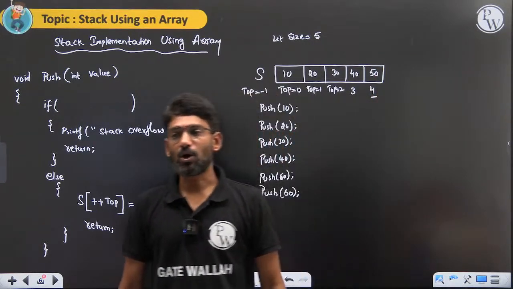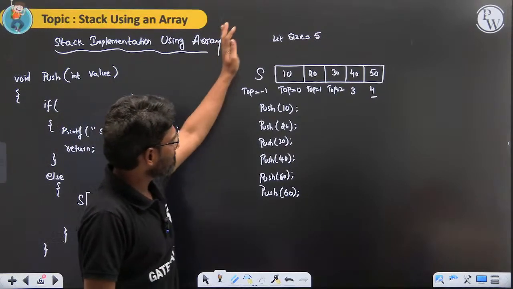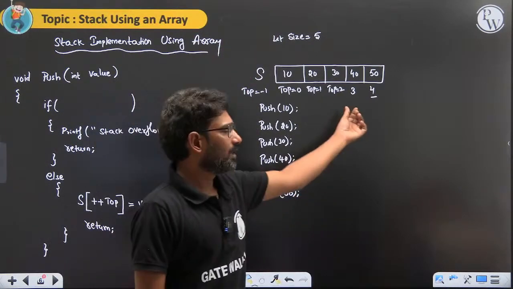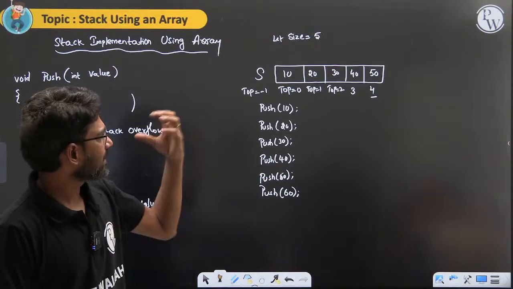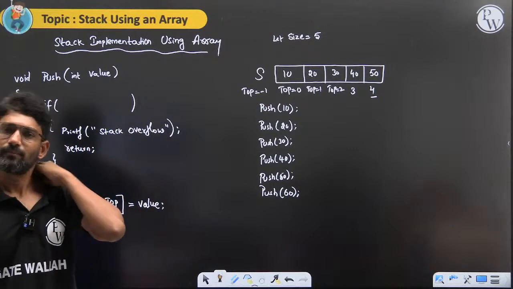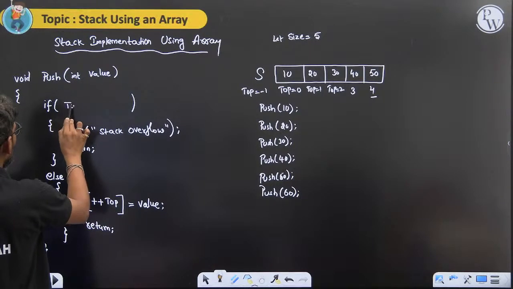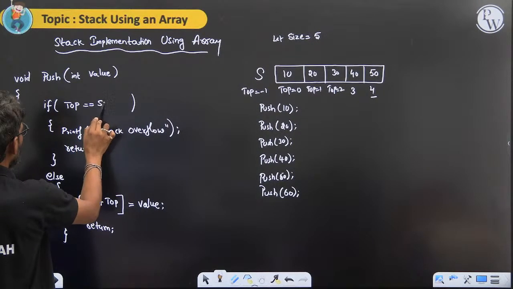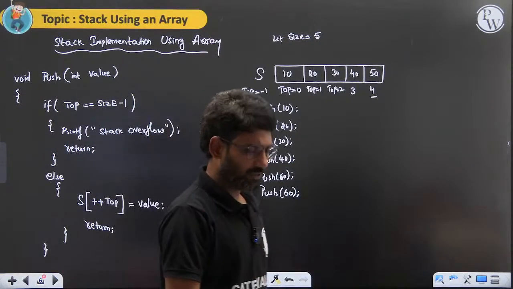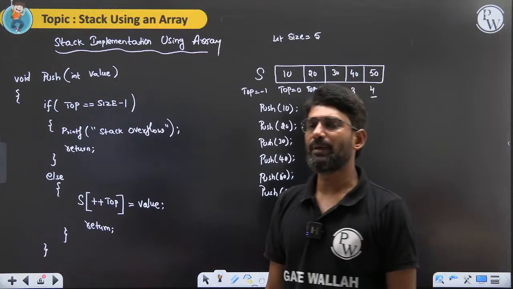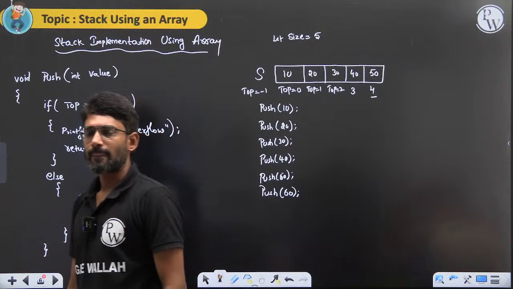When top is equal to 4, as I have taken the size as 5, when top equal to 4, it is overflow. But what if I take the size as n? Top is equal to n minus 1. So, what I have to write here? If top is equal to size minus 1, that means it is overflow. You will not be able to push anymore. Right?